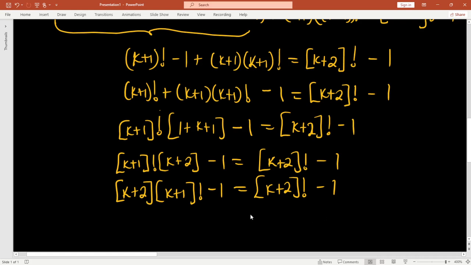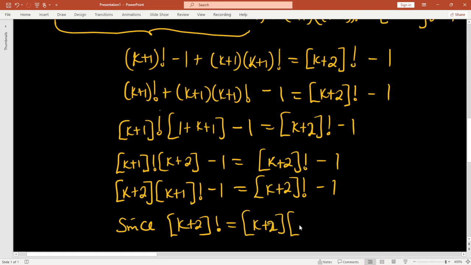Now, since k plus 2 factorial is just equal to k plus 2 multiplied by k plus 1 factorial, where there's k plus 2 times k plus 1 factorial, we can just substitute with this.